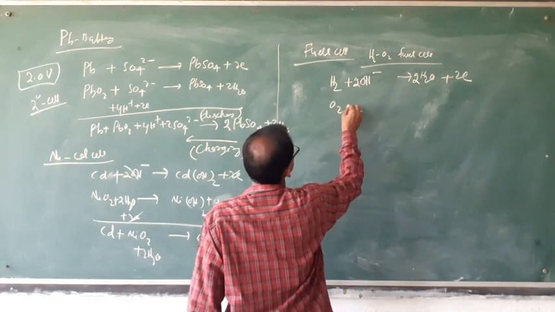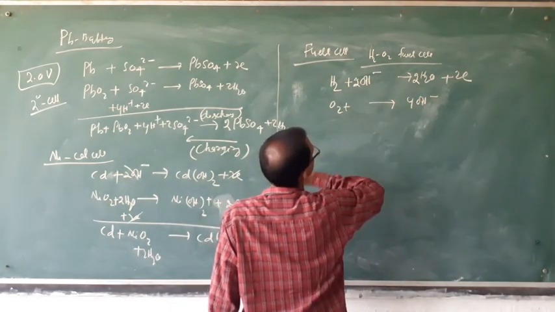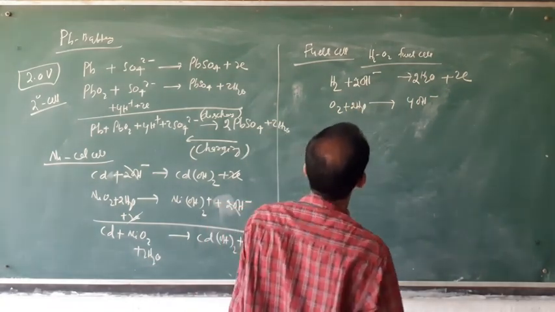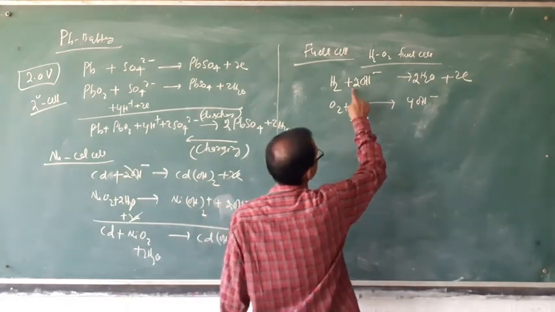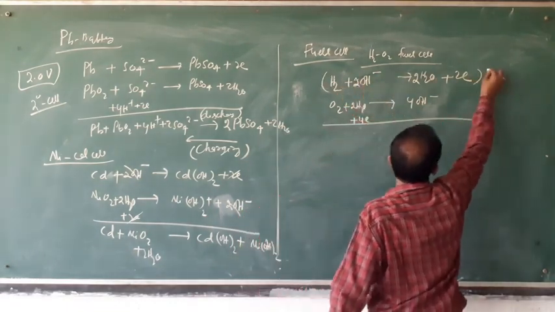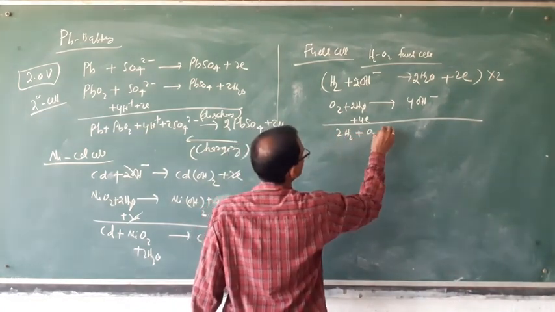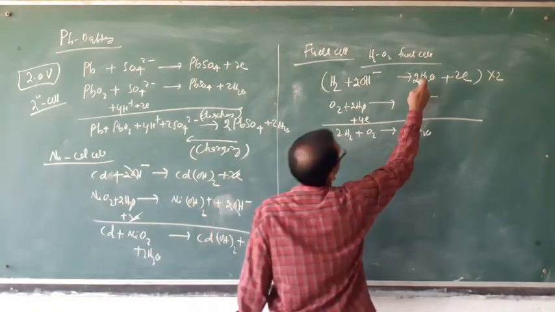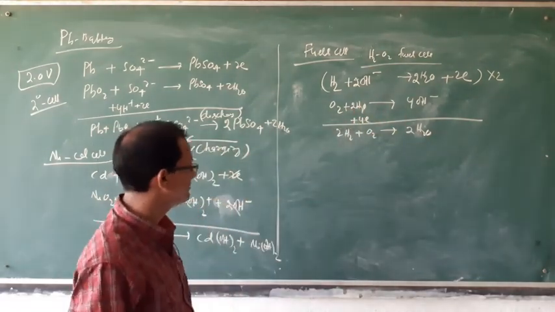Then oxygen converts to 4 OH minus, here 2 water. It is balanced. Now you have 4 electrons here, because the right side has 4 negative charges, and the left side has 2 negative, 2 electrons. To cancel this, you multiply by 2 here. The result is 2H2 plus O2 changes to 2H2O. So this is the final reaction of the fuel cell.